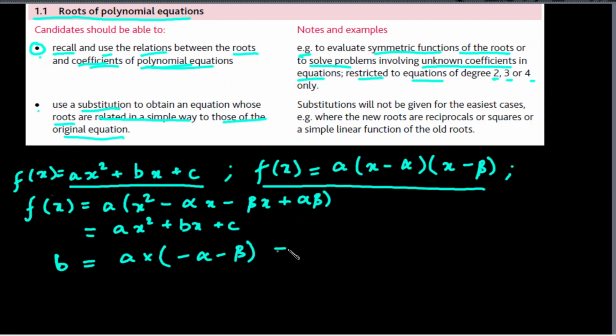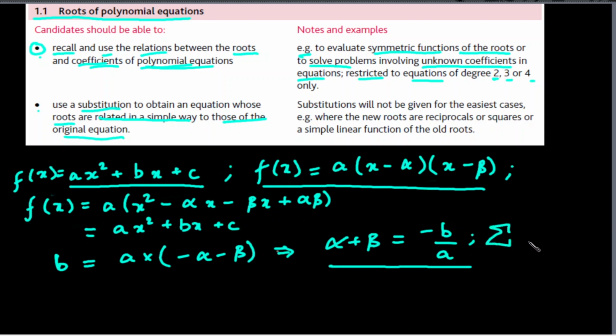Another way to say this is, this implies that, just take the negative of both sides. So we get alpha plus beta, and then divide both sides by a. So we get negative b by a, because we multiplied by the negative and divided by the a. So basically we say that the sum, using the sigma notation you've probably seen before, of alpha is equal to negative b by a.